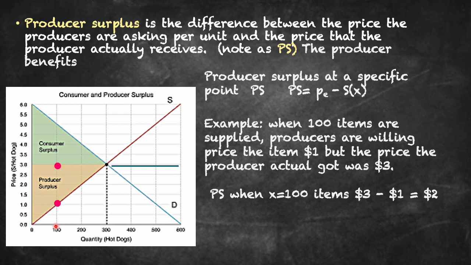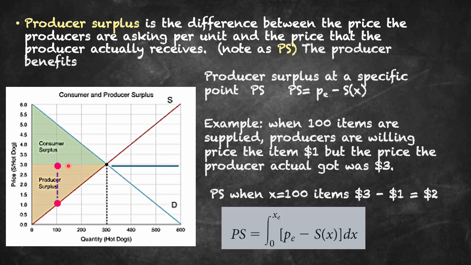But the producer was going to ask for $1 for that item. So now the producers are very happy because they're getting an extra $2 more than they originally expected. That would be this difference here. If I take the market value, which is 3, and subtract the $1, the difference is that the producer is saving $2.